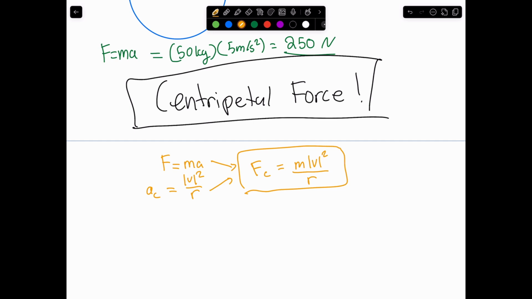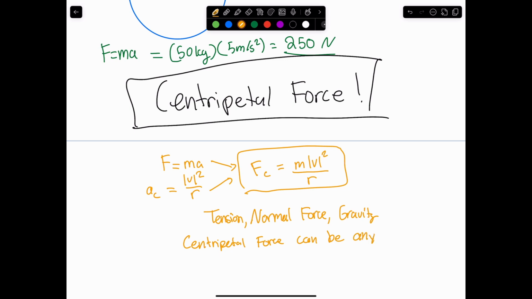Now, this centripetal force could be anything. It could be tension. It could also be the normal force. It could be gravity. Centripetal force can be anything. So that's a little different than the other forces you've learned so far, because it doesn't have a real designation in reality.